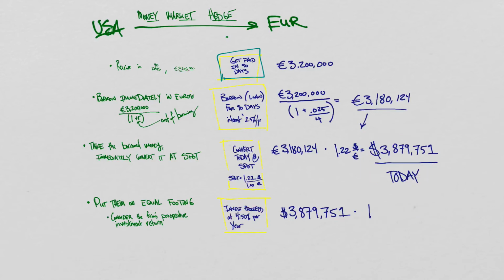So our investment growth of 4.5% per year becomes something smaller on a quarterly basis, specifically 1.25%.